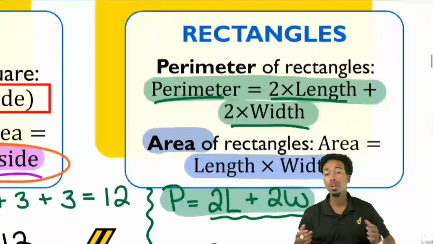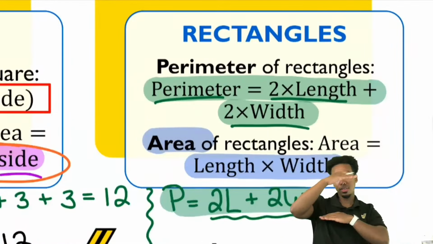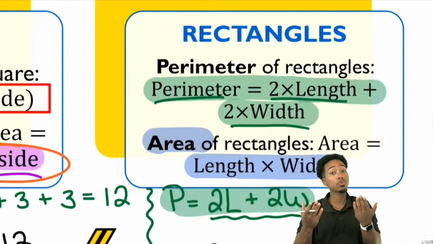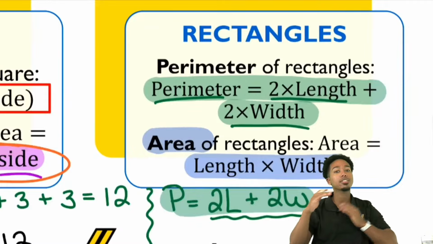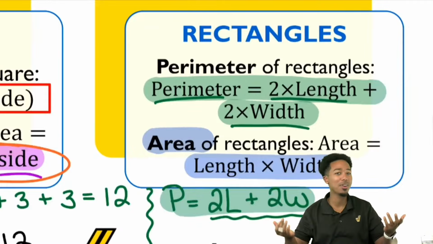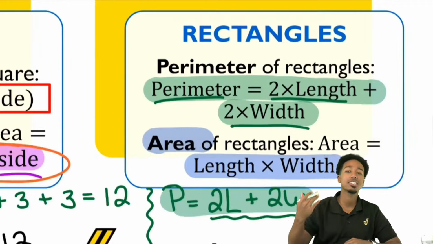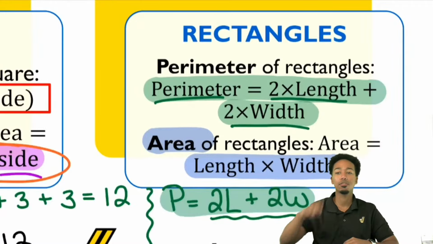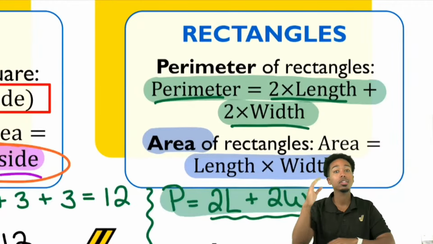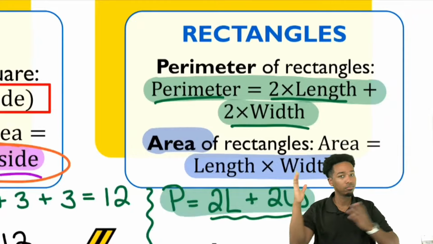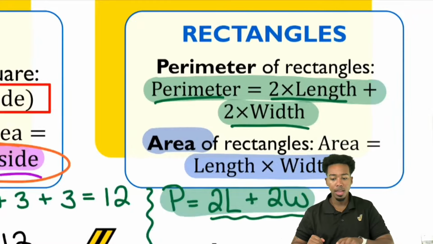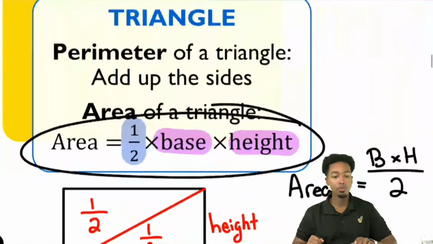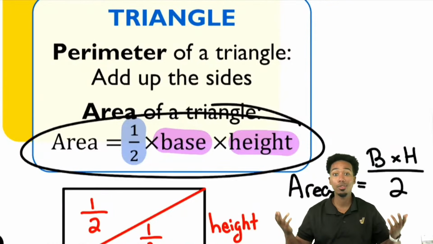So if we come over here to rectangles, we have 2 lengths, 2 widths. That's why the perimeter is 2 of the lengths plus 2 of the widths. That's exactly why it is the way it is. And just like I said with area, you are multiplying the vertical and horizontal dimensions, length times width, just like that. And then lastly, over here, for the perimeter of a triangle, again, perimeter, just add up all the sides.